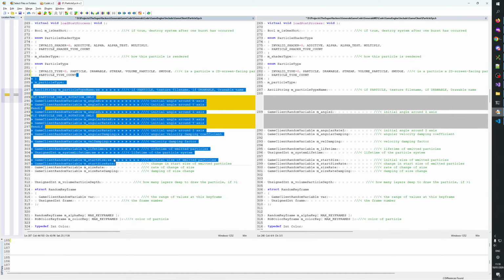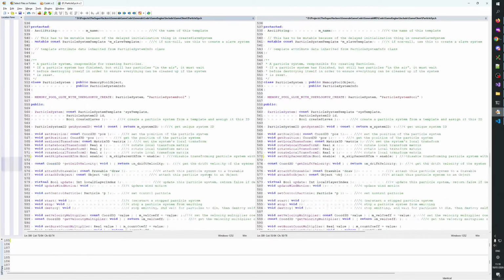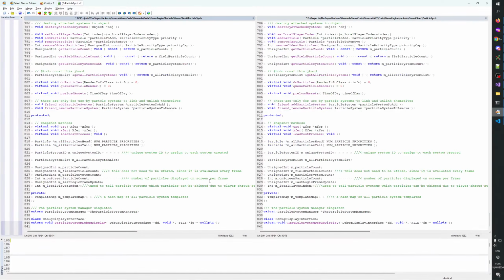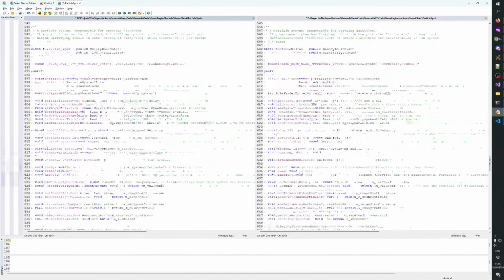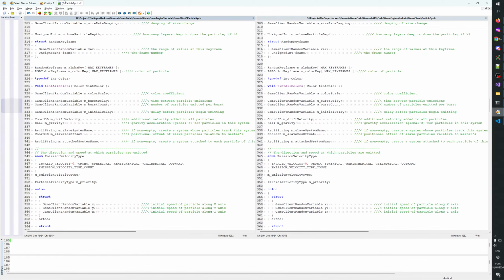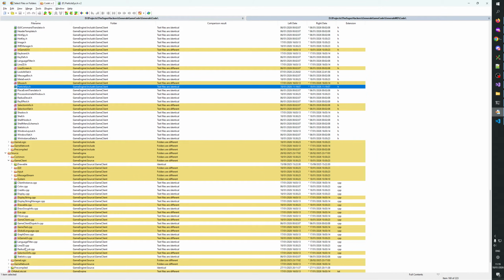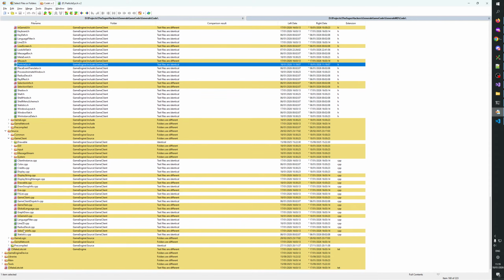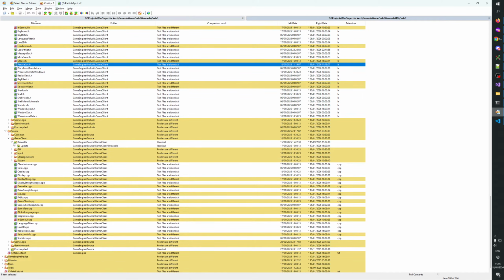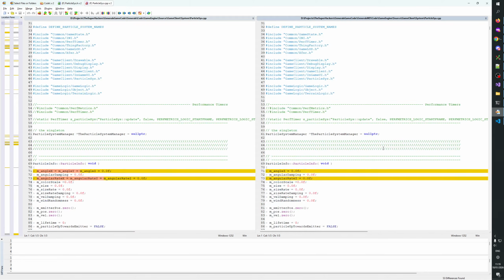And then take that. Okay, cool. Then we have that. Let's save it. Then we go to ParticleSystem here. Game client. Now the question is, where is it? Here. There we go. ParticleSystem.